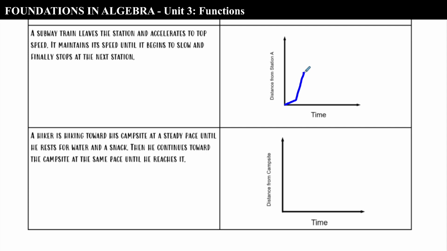Then it maintains a speed before it stops at the next station, and once it stopped at the next station, it doesn't move at all. So let's try this again. So we're moving away, and then it's going at top speed, and then it stops at a station. And this part of the line should be horizontal. Let me try to make that look a little bit more horizontal.